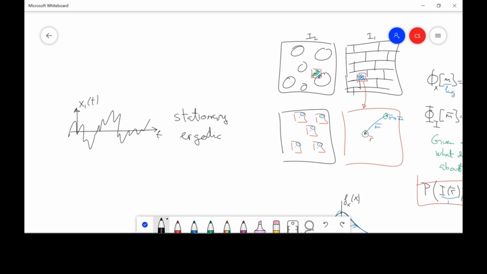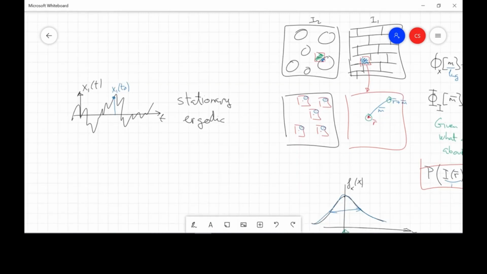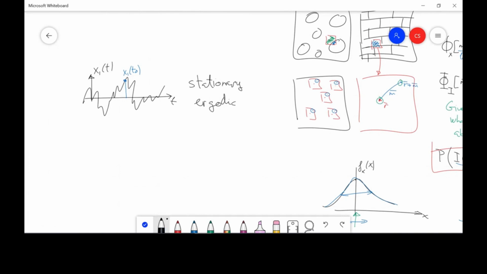So what is a random process? A random process is a collection of random variables. If you look at a particular time, x1 at t naught, this is a random variable. If I observe this random process again, I have a different observation that has more or less the same kind of appearance, but the specific values are different.